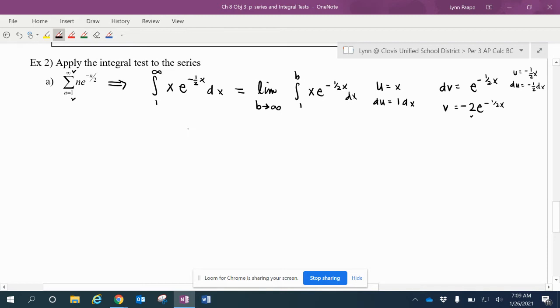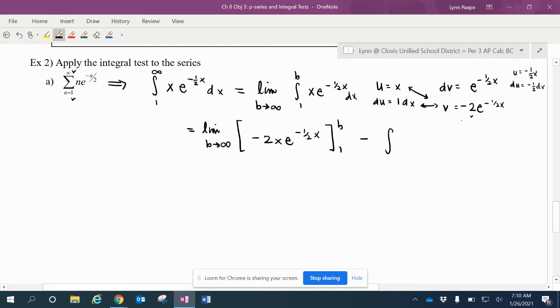So then this would be equal to, I would have the limit as b approaches infinity, and then I'm going to bracket this off here. So I would do u times v, so multiply those two together. So that would be -2x e to the -1/2x from 1 to b, and then minus the integral of v du.